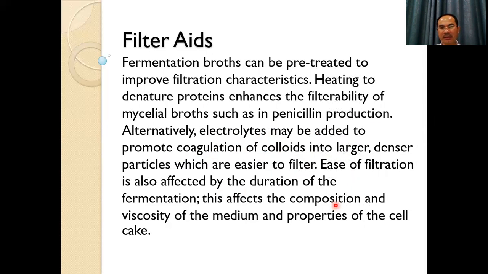If very small particles are difficult to separate, we can improve the efficiency of separation by increasing the particle size through coagulation, adding an electrolyte to the solution so that particles come together into a bigger size. A bigger size means heavier and denser particles, which are easier to filter. And lastly, ease of filtration is also affected by the duration of the fermentation, which affects the composition and viscosity of the medium.